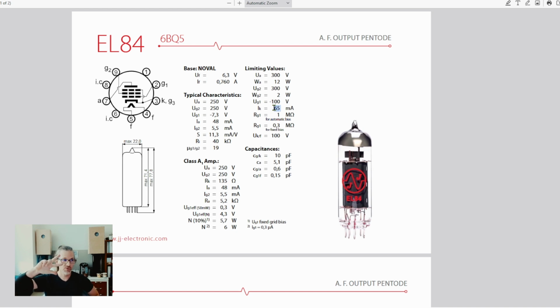So you need to take these three values into consideration when you are choosing the operating points for a vacuum tube, and these are the maximum values, so you cannot go higher than them. But yes, you can.